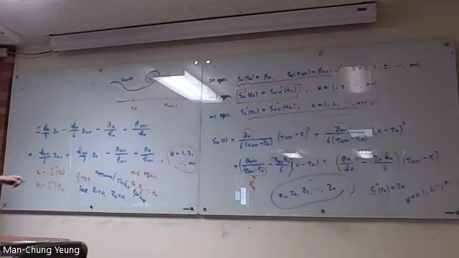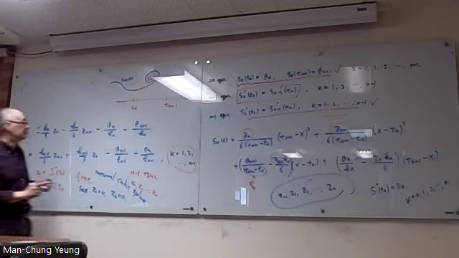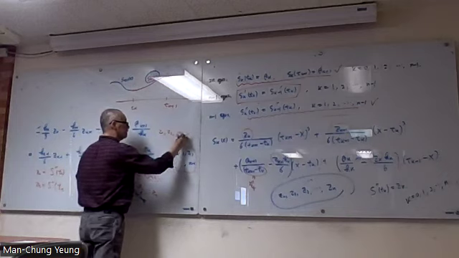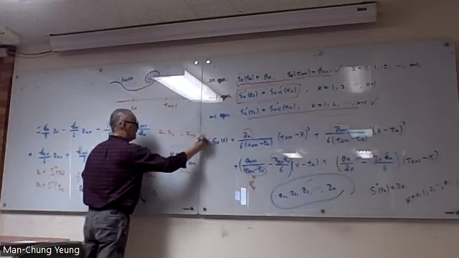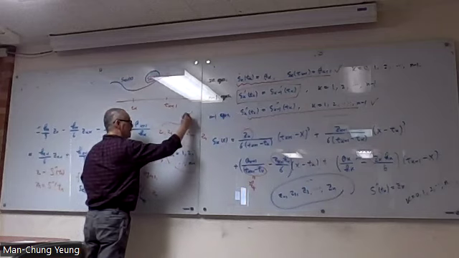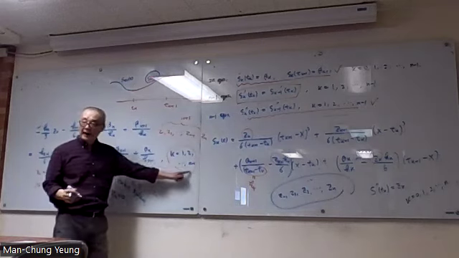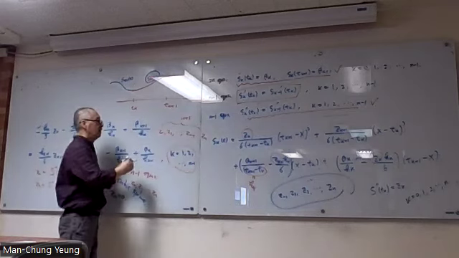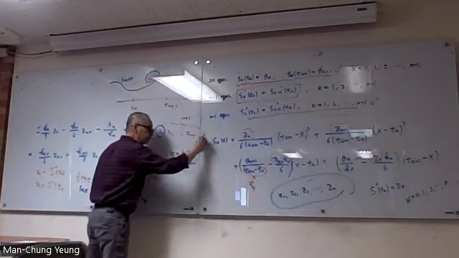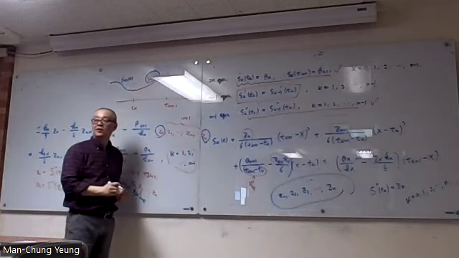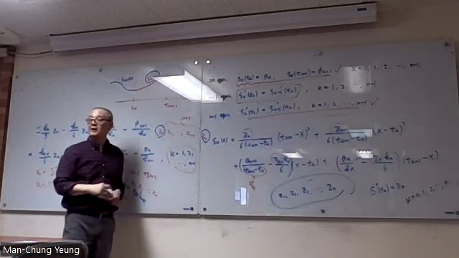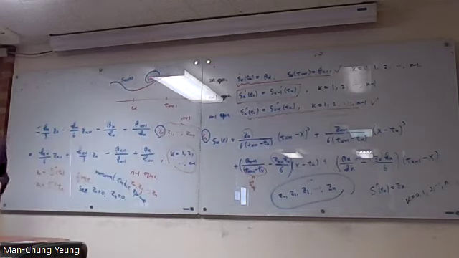Right, now, how many unknowns? C0, C1 to Cn minus 1, Cn. N plus 1 unknowns. N minus 1 equations. Now, I give a value 0 to C0. Then we have n minus 1 unknowns and n minus 1 equations.